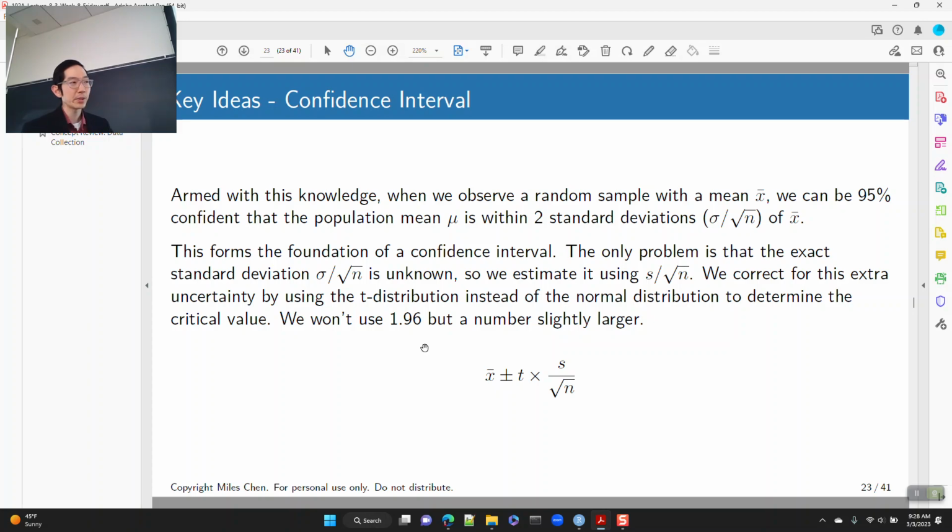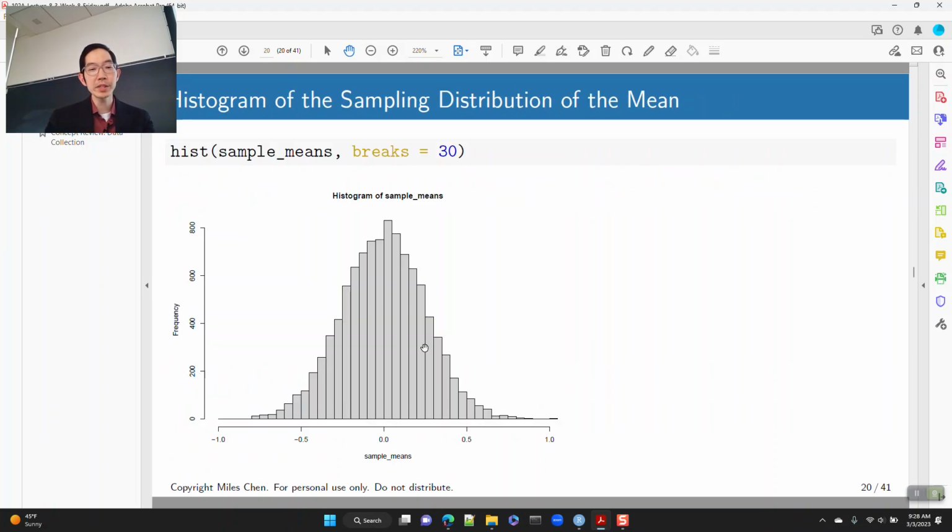All right, and so using that key idea, we create the confidence interval. So we said, okay, based on this, we know that the population mean is 0, and 95% of our random samples are going to be within 2 standard deviations of the population mean.